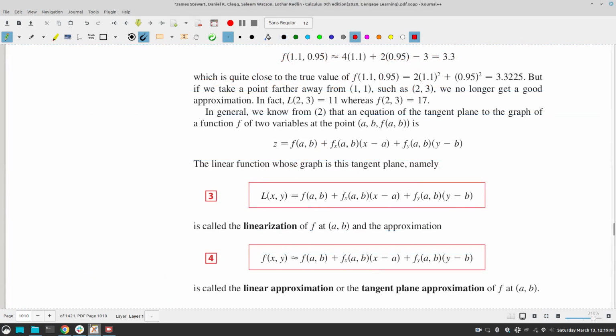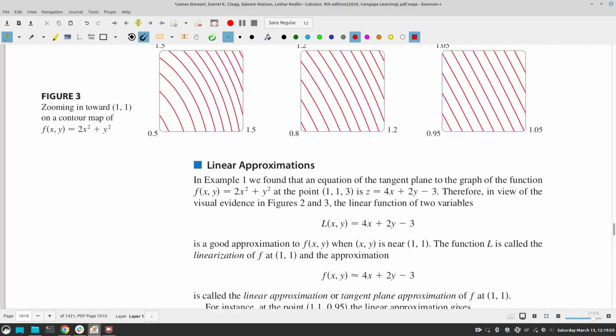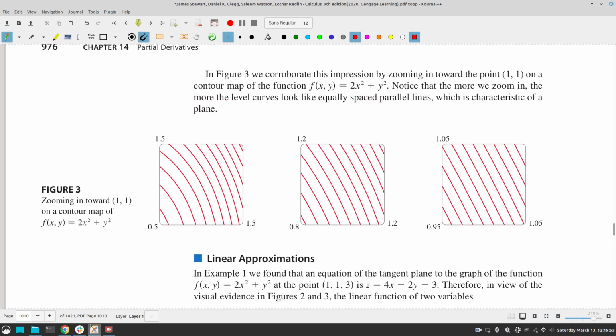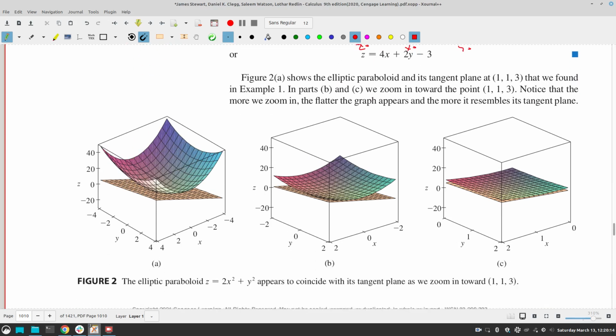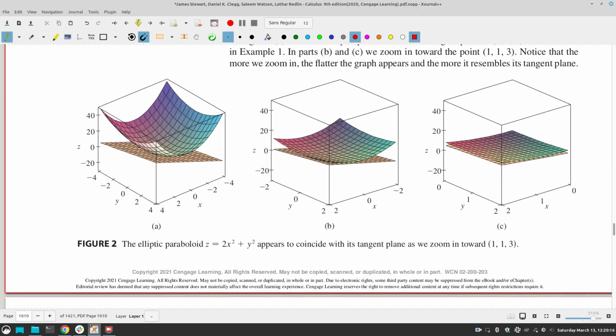All right, the more you zoom into this surface, for example, you see what's going on here? This is the graph between -4 and 4. This is the elliptic paraboloid z equals twice x squared plus y squared, and this is the tangent plane at (1, 1, 3). Here we're zoomed in.